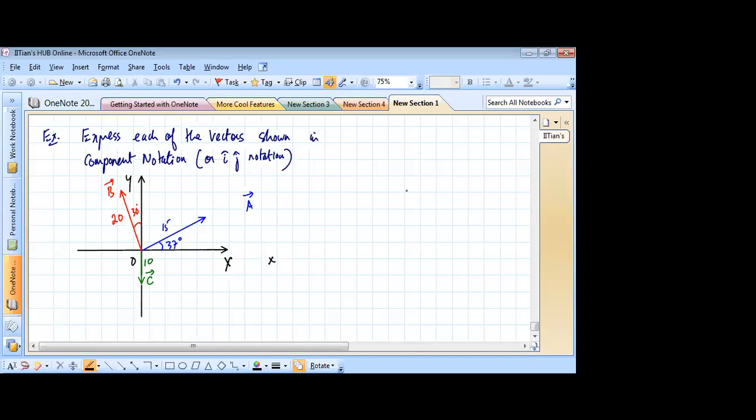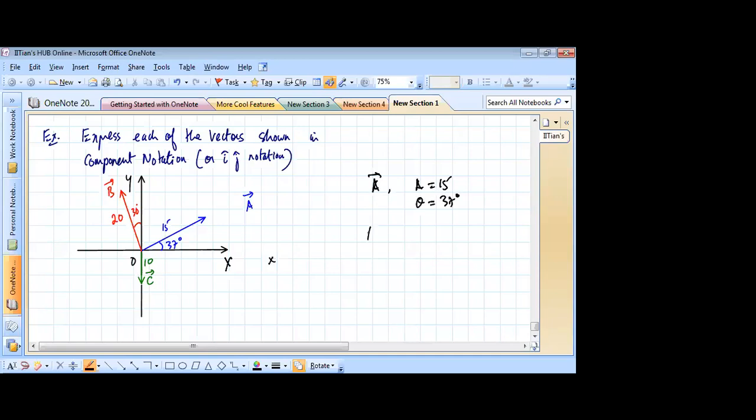Okay, so let me verify your answers. So for the vector E, you can see it's very simple. The magnitude is 15 and the angle is 37.